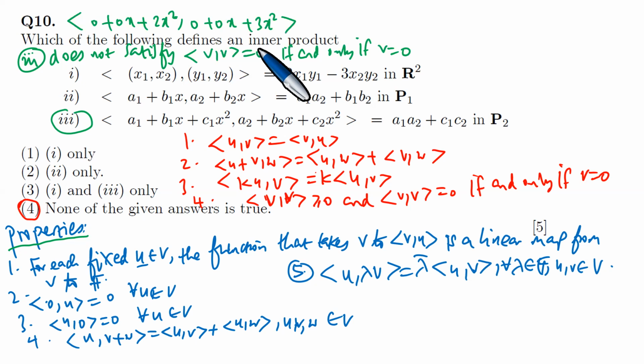Right, so this inner product here can be clearly seen, maybe you can do component-wise multiplication to find this inner product.